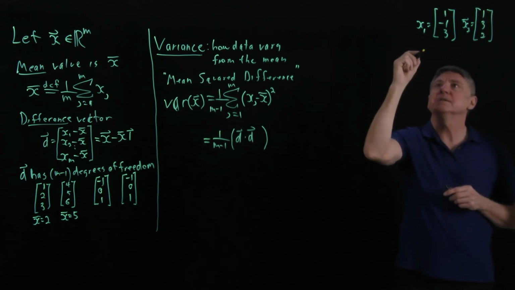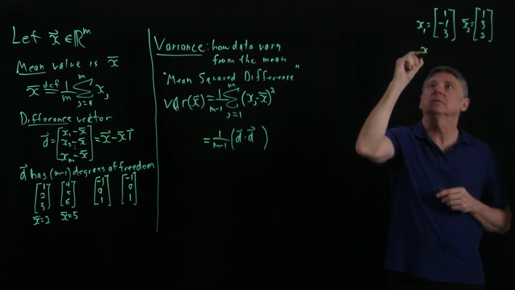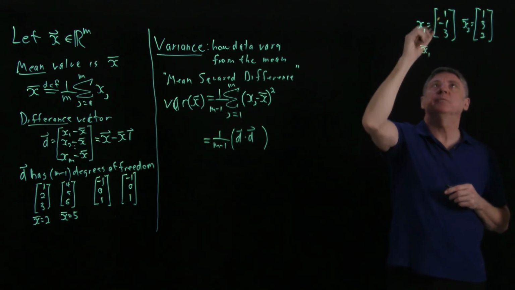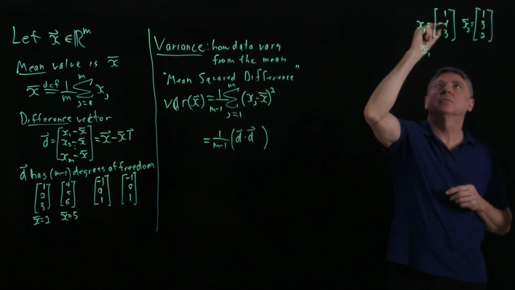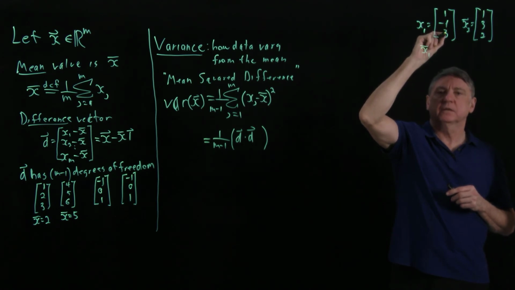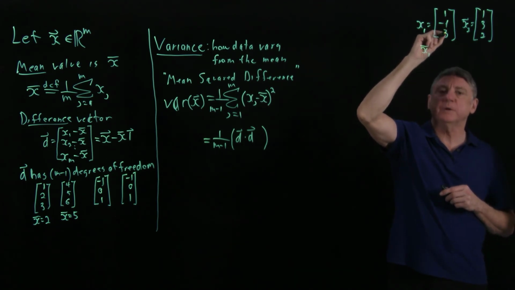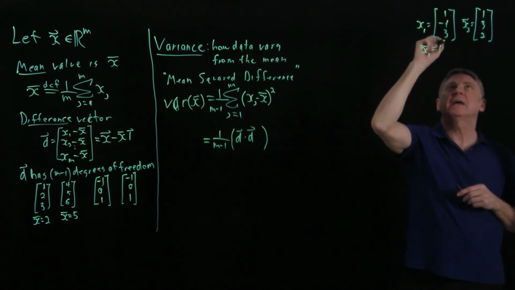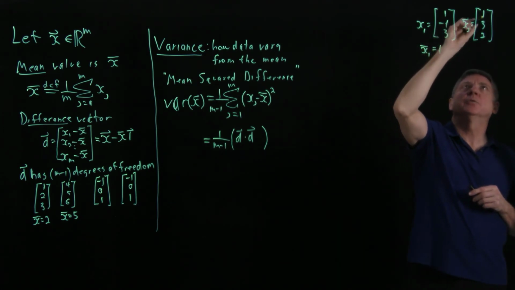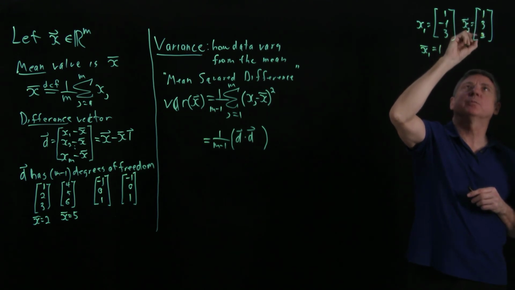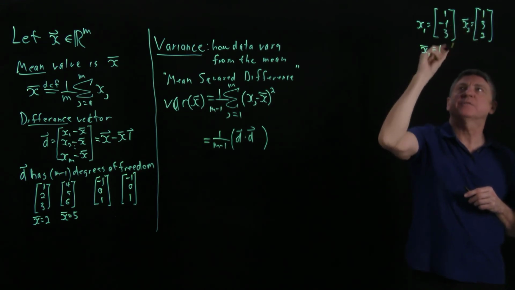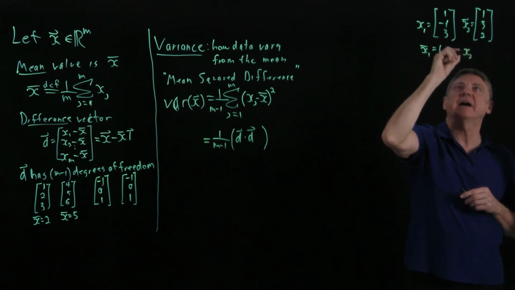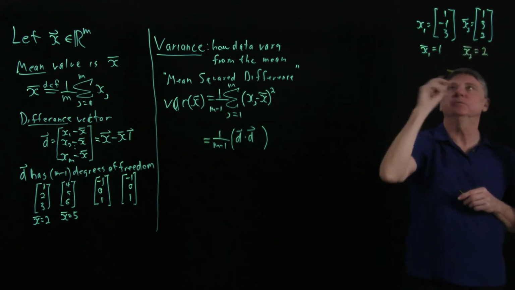So what is the mean of x1? That would be 1 plus minus 1 is 0 plus 3 divided by 3, so that would be 1. And the mean of x2 would be 1 plus 3 is 4 plus 2 is 6 divided by 3, so the mean of that is 2.